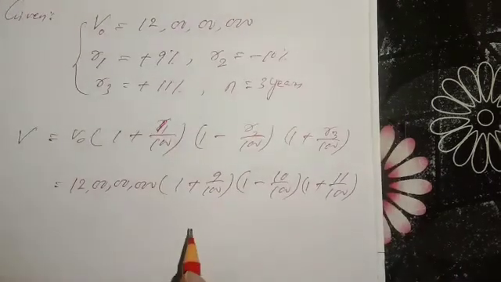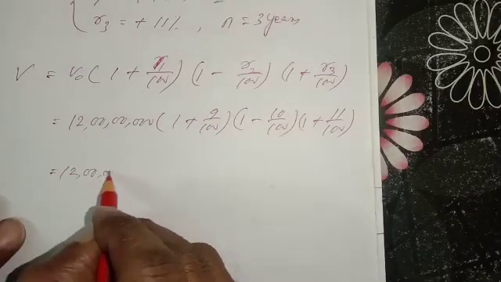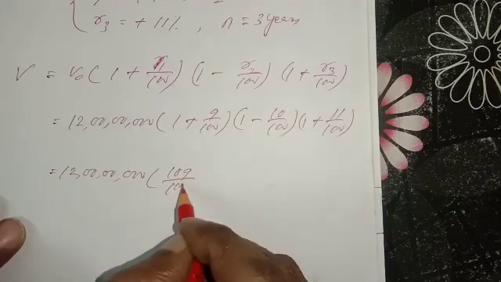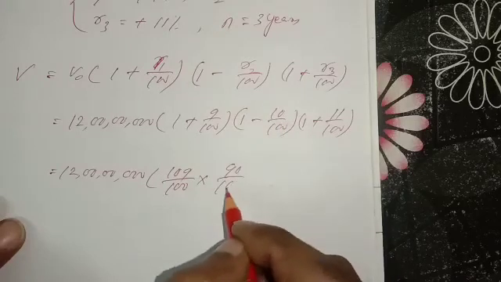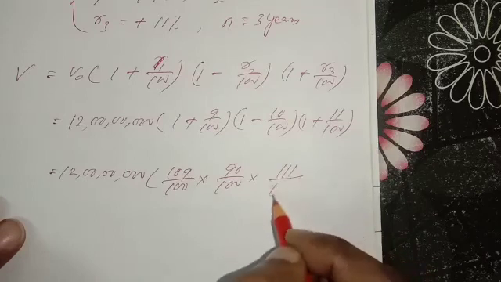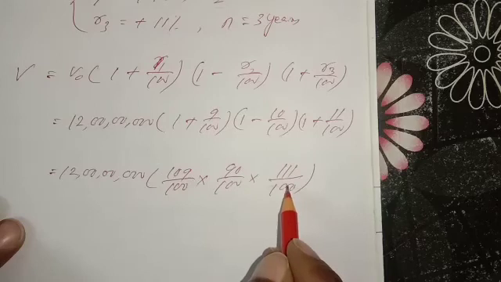After that, you see how much you are getting. This is 12 crore, into 109 by 100, into 100 minus 10, that is 90 by 100, into 111 by 100. The total of 2 to 4 to 6, the 0s will be cancelled here.